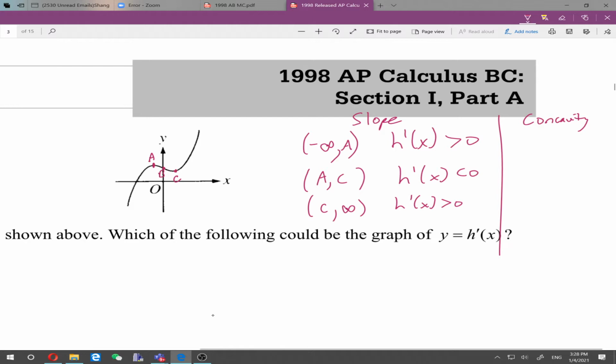Okay, I'm going to have different intervals here. So these intervals that I've already written are for the slope. But our concavity is going to tell us about the shape of the graph, not whether we're increasing or decreasing. So just looking at this graph right now of h of x, can you tell me where h prime prime would be positive and where h prime prime would be negative?